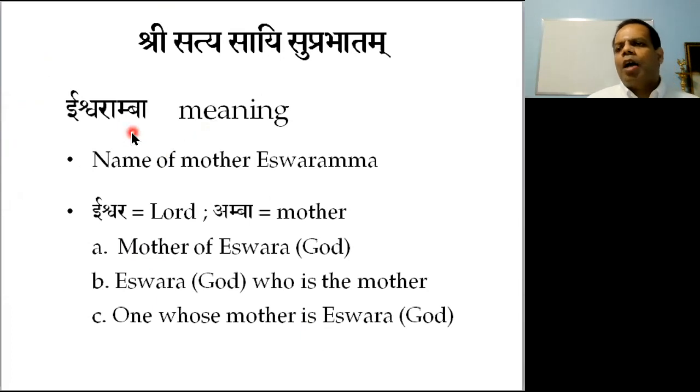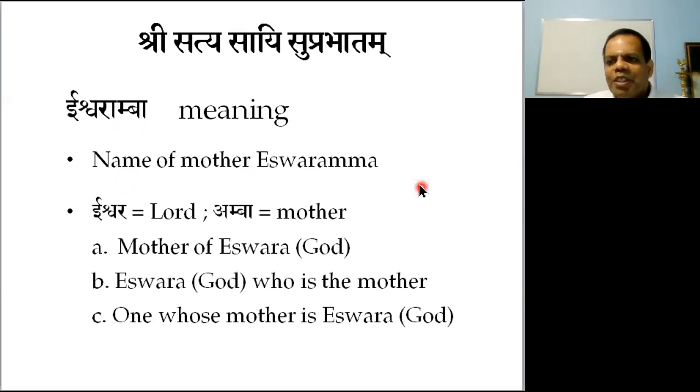Ishvaramba means we will say, oh, Swami's mother is Ishvaramba. Just the way Kaushalya Suprajarama in the most famous Venkatesha Suprabhatam. Kaushalya's son is Rama. So Ishvaramba is the mother's name. Swami's mother's name is Ishvaramba. That is one meaning.